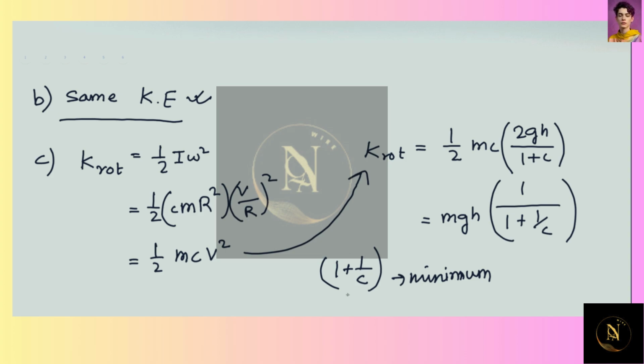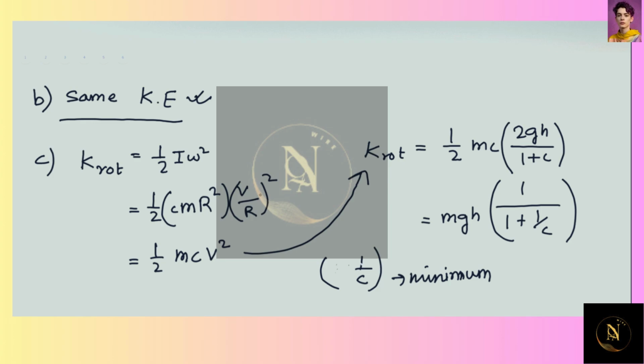So to make this minimum, we need to make this entire thing minimum, and since 1 is constant, let's get rid of that part as well. All we have is 1 over c, and we have to make 1 over c a minimum quantity. So how do we make that? We need to take the greatest c value among the 4, and that will give us the minimum.